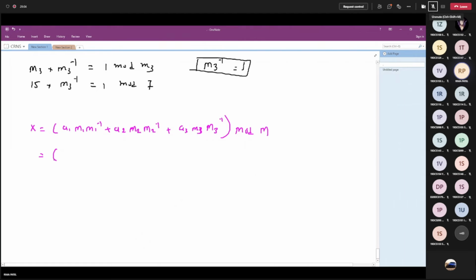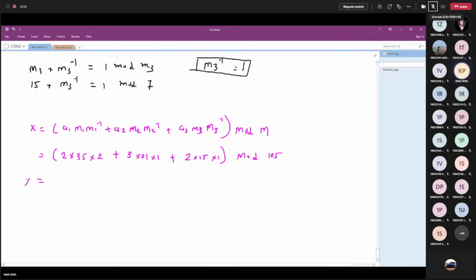What is the value of A? 2 into 35 into 2 plus 3 into 21 into 1 plus 2 into 15 into 1, mod capital M, that is 105, right?